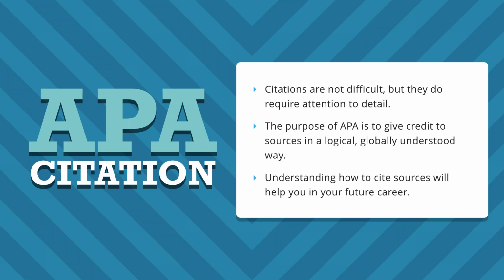What you're going to do is learn the basic steps and learn how to follow examples. And once you know those basic steps and you can find the examples to follow and you follow those examples, you can do APA. Again, attention to detail is really the most important thing that you need when you're doing APA.